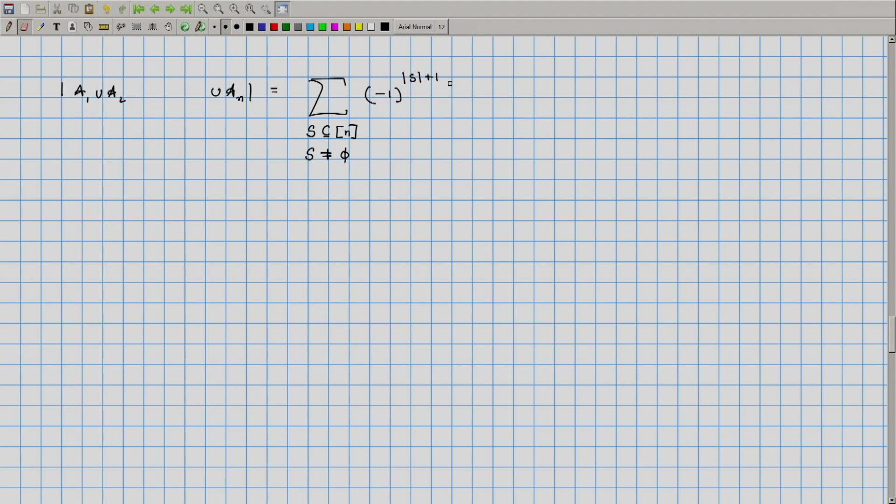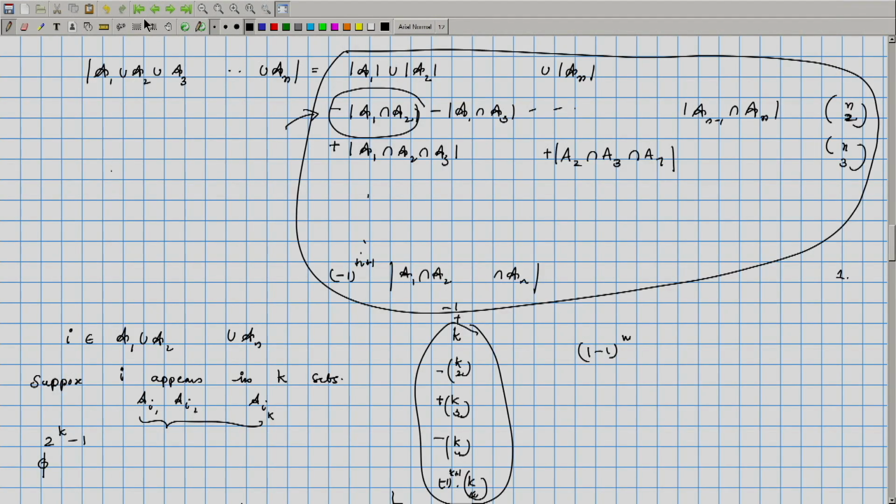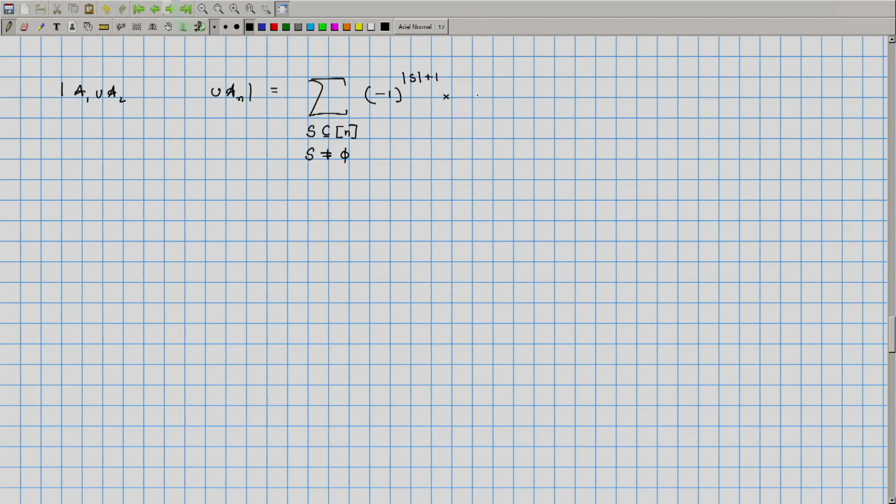And this times the next term, which corresponds to the number of elements in the intersection. So, we will write that as the intersection over i belonging to S of A_i, and we need to look at the size of this set. So, the earlier expression that we had written for the inclusion exclusion principle, if we choose the correct notation, becomes a simplified notation. Now, this again is a sum over 2 to the n minus 1 terms.